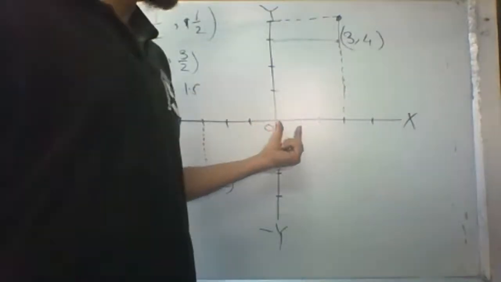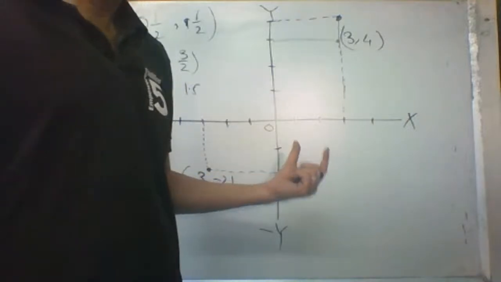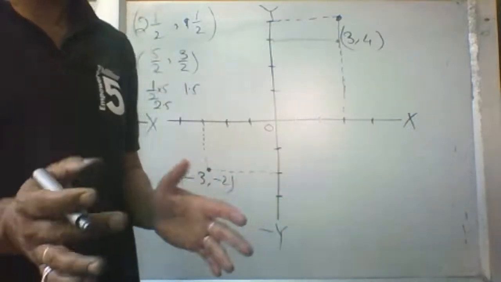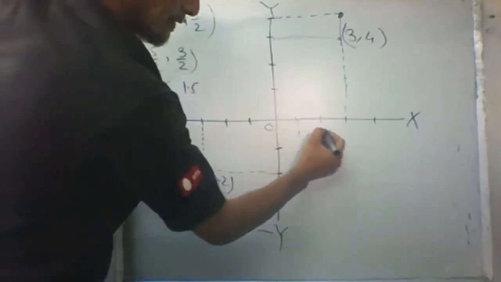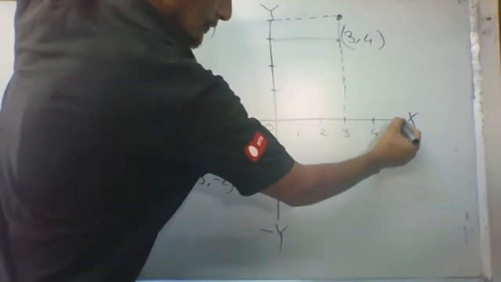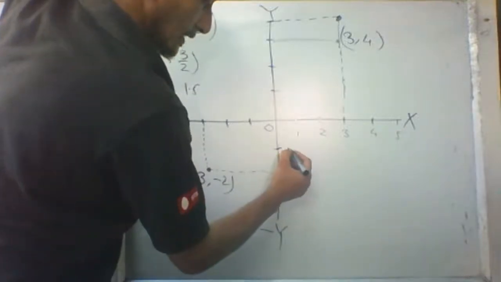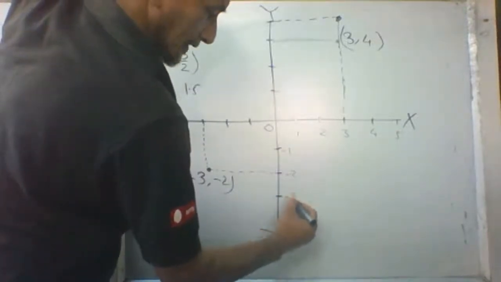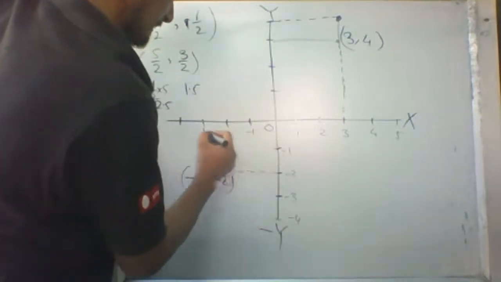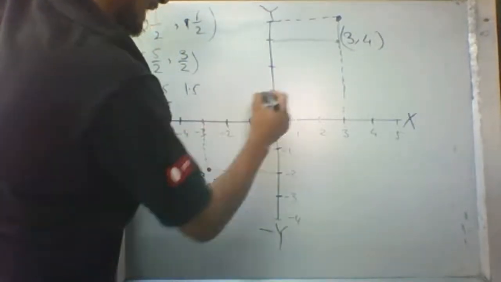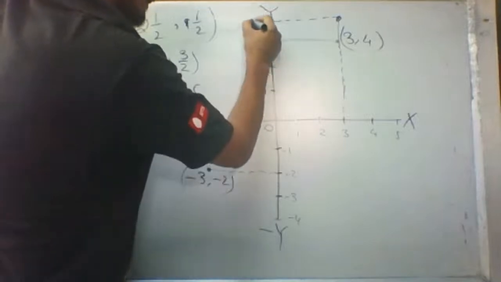Now, whatever scale you have chosen, divide that scale into halves. Mark 1, 2, 3, 4, 5, and minus 1, minus 2, minus 3, minus 4 on both axes.